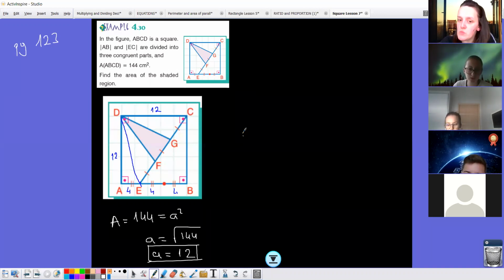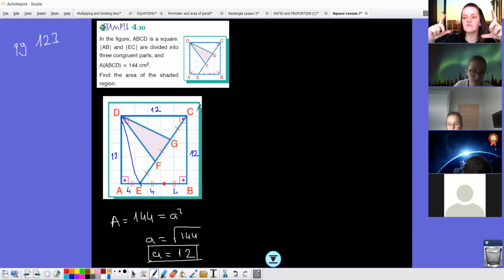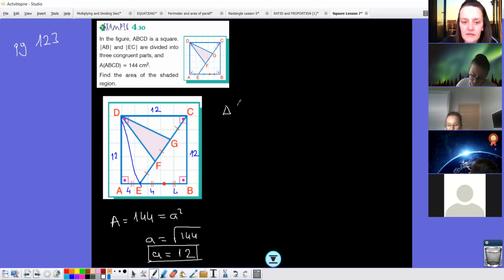Teacher, the area of DAE plus the area of EBC plus the area of DEC will be 144. Yes, so here we have 3 different triangles in the square. Let me write: we have triangle AED, triangle EBC, and triangle DEC.